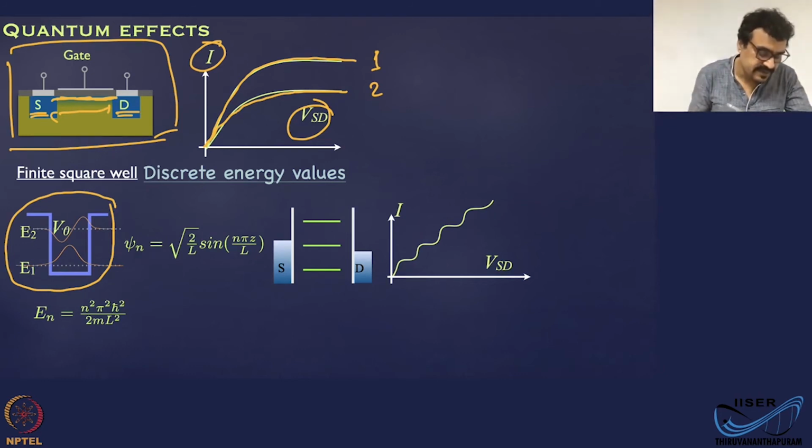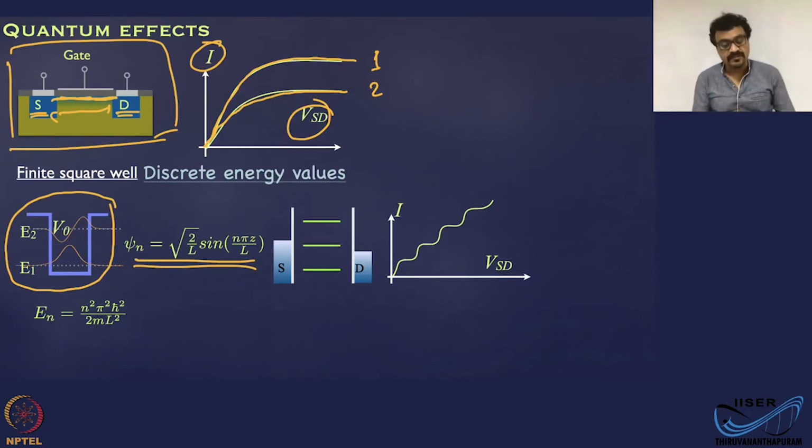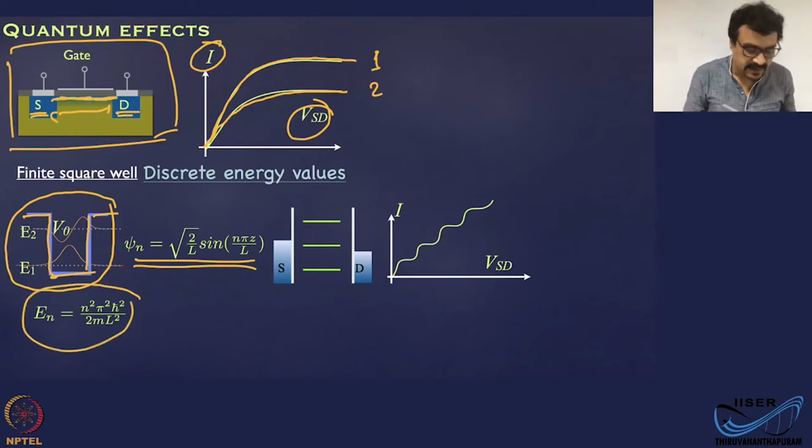But when you make it very small, you can have a discrete number of states. This is just a toy model, particle in a box, but that is not always applicable. This is just to give you a feeling of the discreteness. These potential wells have different shapes other than the square shape. Okay, but the point here is you have discrete states and discrete energy levels.